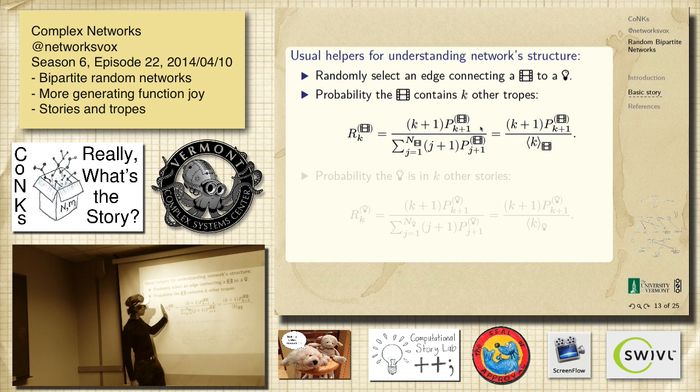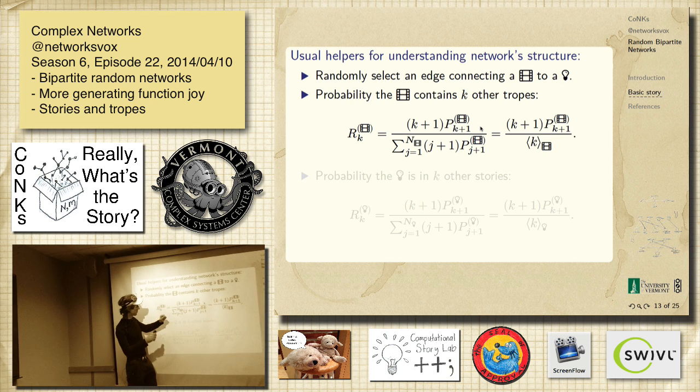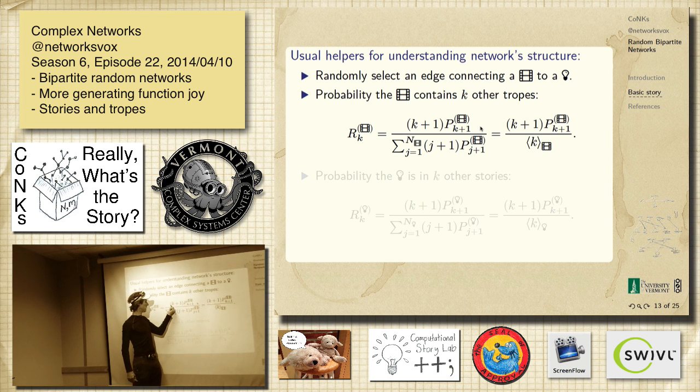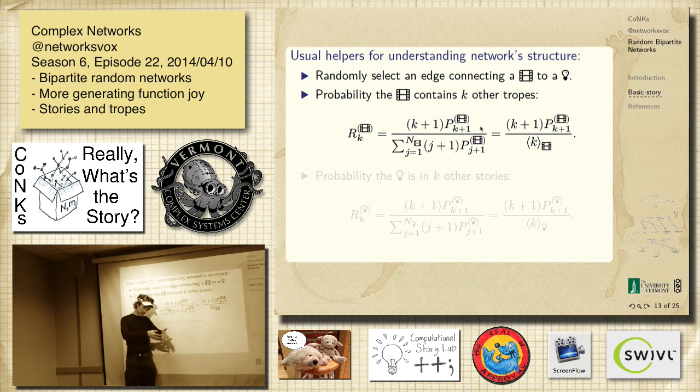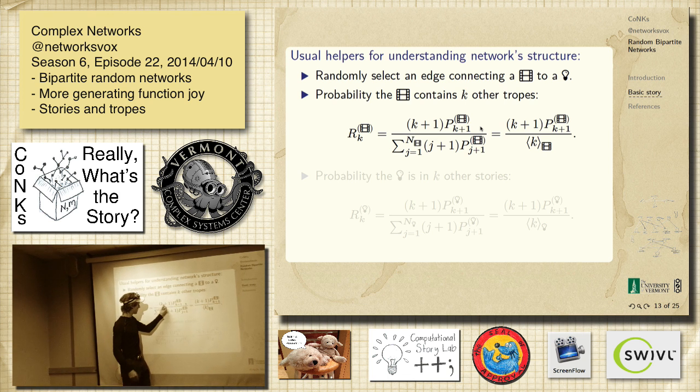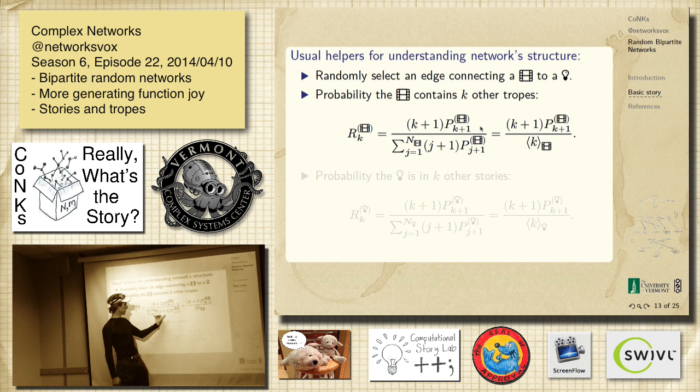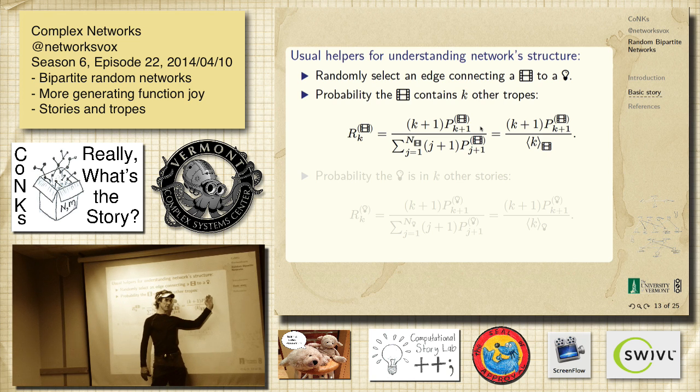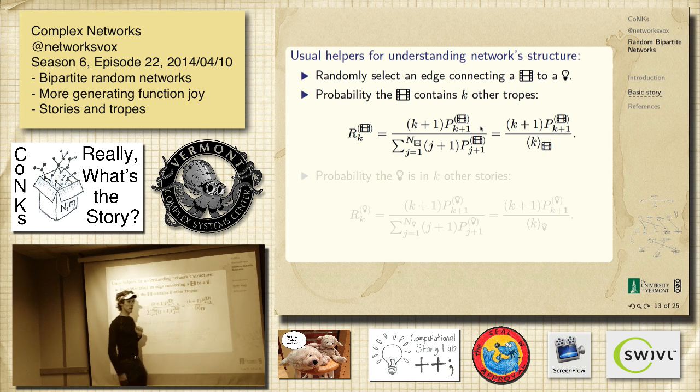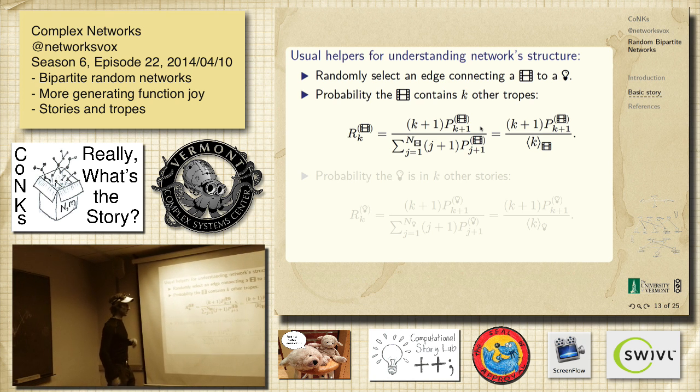This is the probability the story has k other tropes associated with it. So you're selecting from the stories. There are k plus 1 ways to get to it, and this is the one that will have k others. So you get this normalized probability for choosing it. Look at this thing on the bottom. It's really just the average number of tropes in a story. It's the same kind of thing as what we had before. This would be the average degree, if it was just a regular random network.